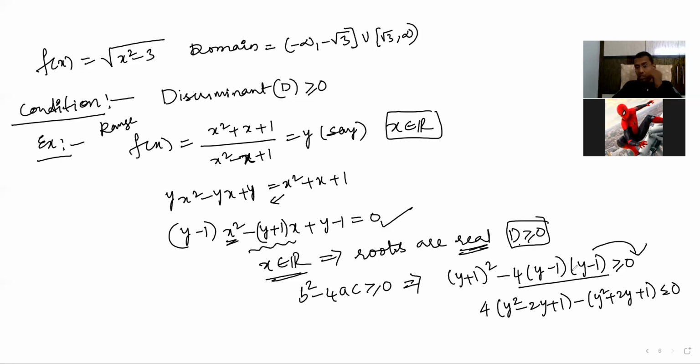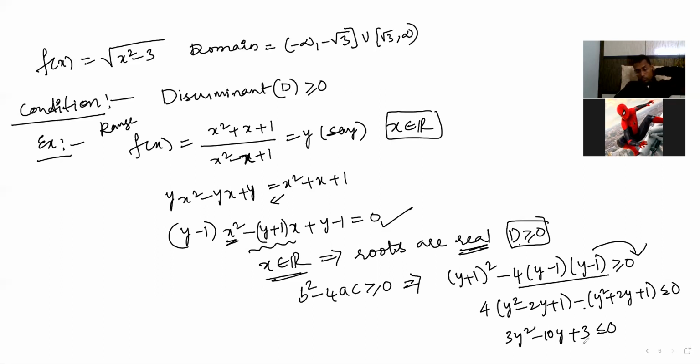So 4 times y minus 1 whole square minus y plus 1 whole square: 4y square minus y square is 3y square. Here minus 4 twos are 8, 8 minus 2, minus 10y. 4 minus 1 is 3. Less than or equal to 0.